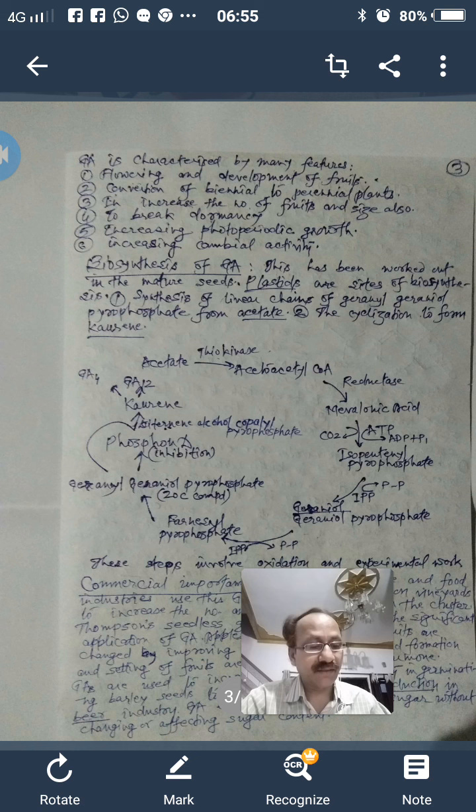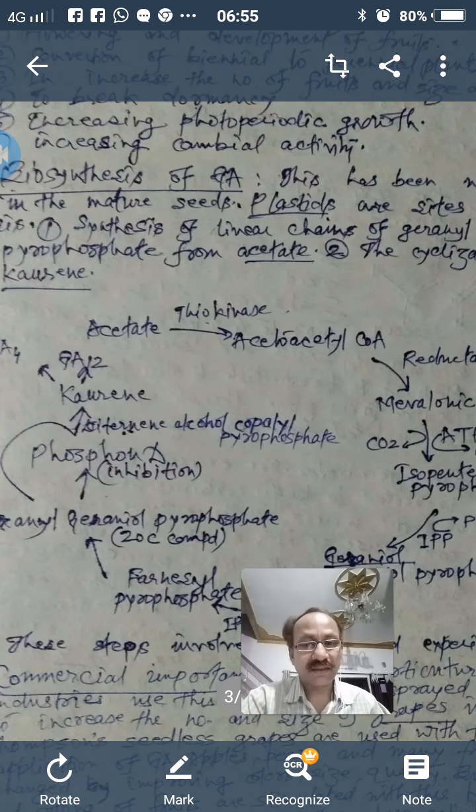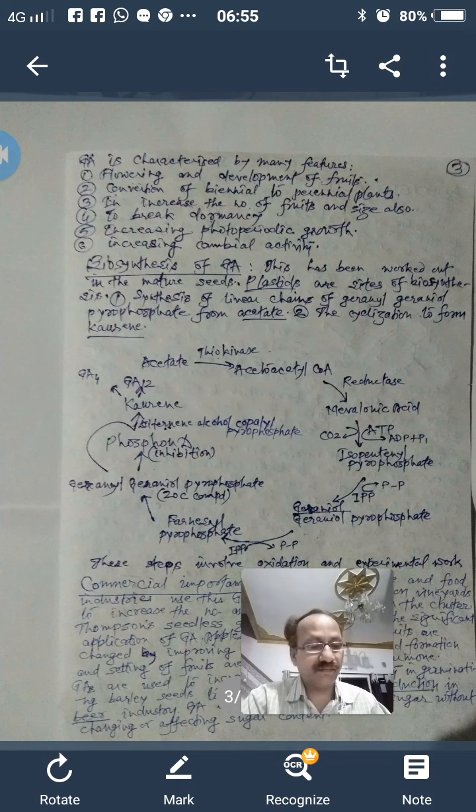Biosynthesis of GA. You see here, biosynthesis is outlined. This has been worked out in the mature seeds. Plastids are the sites of biosynthesis.